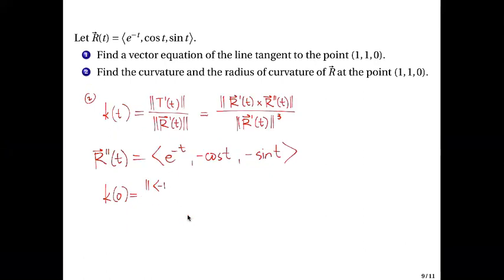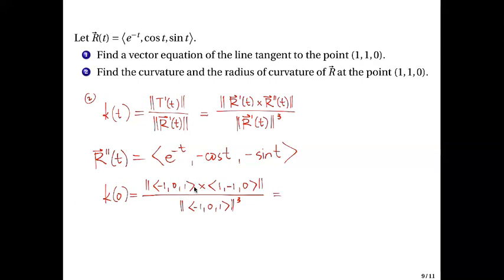So negative 1, 0, 1 cross r double prime at 0, which is 1, negative 1, 0, and then divided by the magnitude of r prime at 0, which is negative 1, 0, 1. We get the magnitude of that and then we cube it.